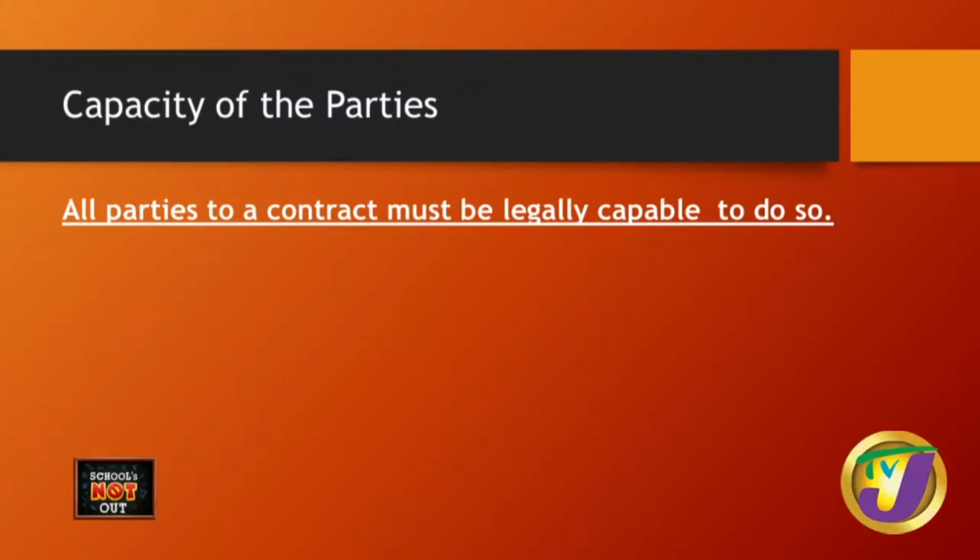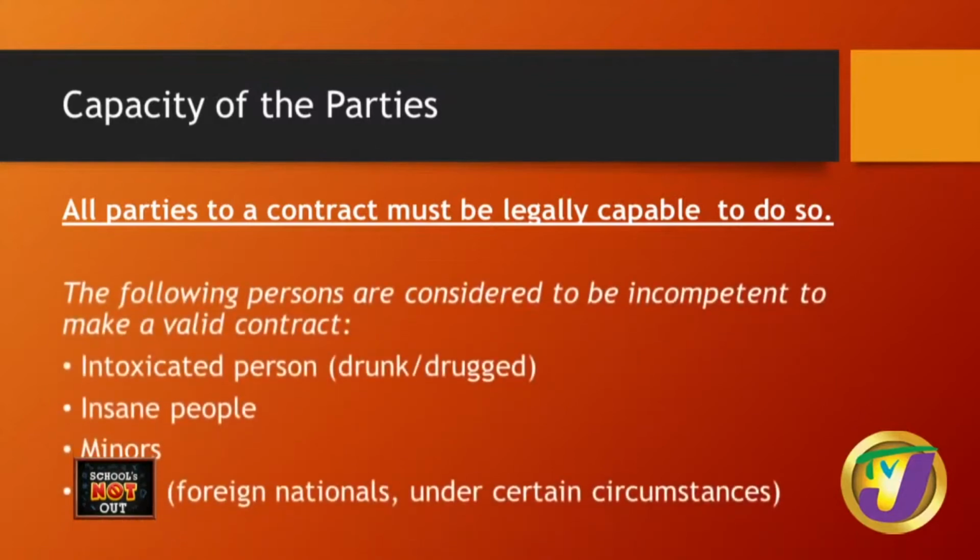And like people of unsound mind, or we may have people who are drunk, right? Or intoxicated otherwise. So the following persons are considered to be incompetent to make a valid contract: people who are under the influence, people who are insane, minors, and aliens. And the aliens concept is specific, especially to foreign nationals under certain circumstances.